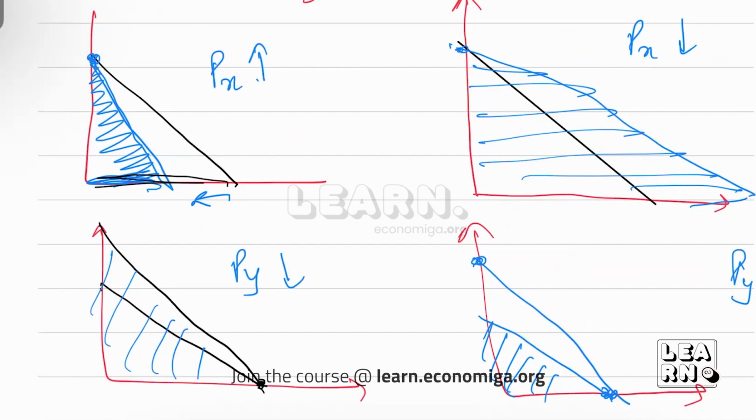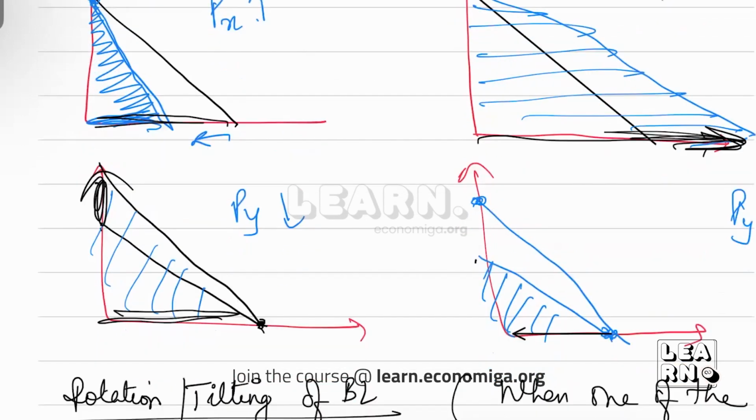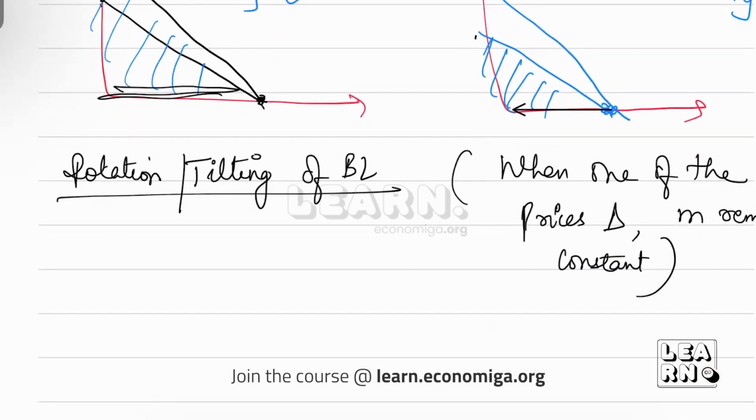When the price of Y has increased, the budget line has rotated inward along the Y-axis. When the price of X has fallen, the budget line has tilted outwards along the X-axis. When the price of Y has fallen, the budget line has tilted outwards along the Y-axis.